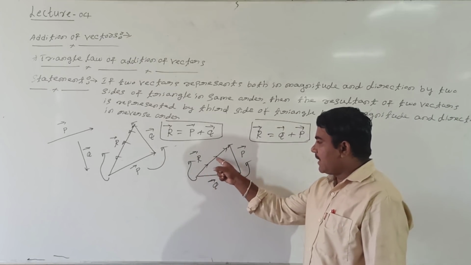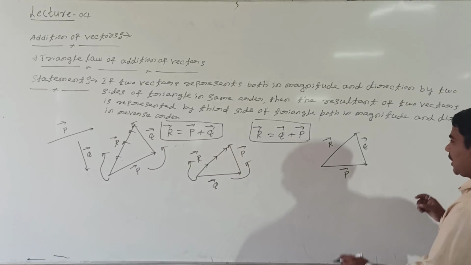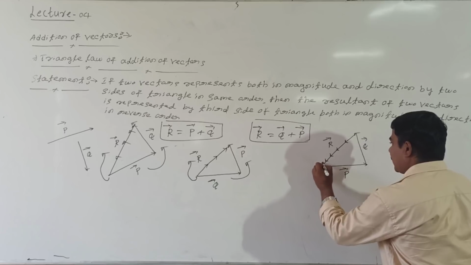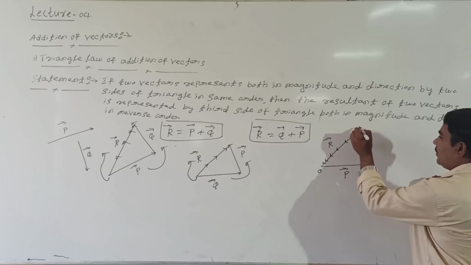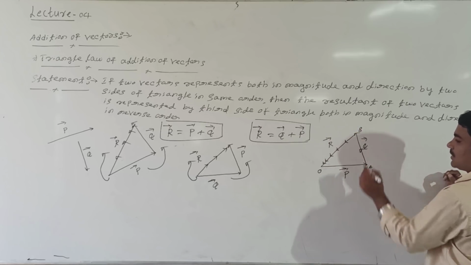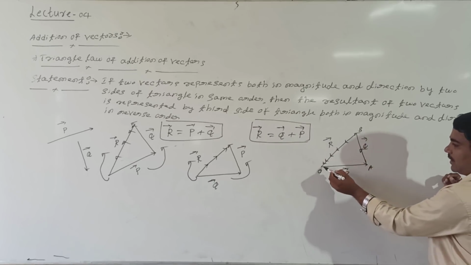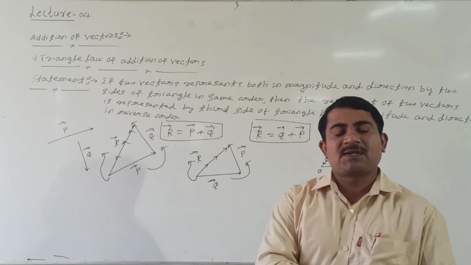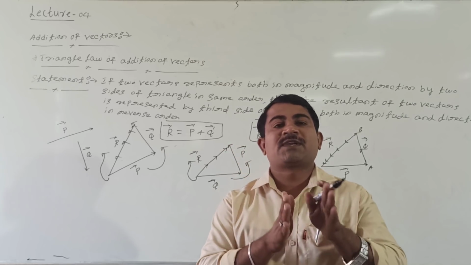Now look at this situation. I am taking P and Q in the same order, and R is in opposite order. Shall I choose this one? Now I will make vector R in the same order. This is point O, this is point A, and this is point P. Look at me, how the directions are. Head is coinciding with the tail. If three vectors are in order, the resultant is 0.